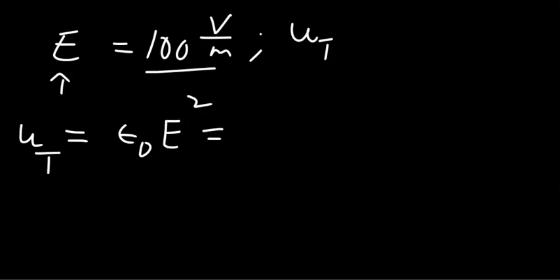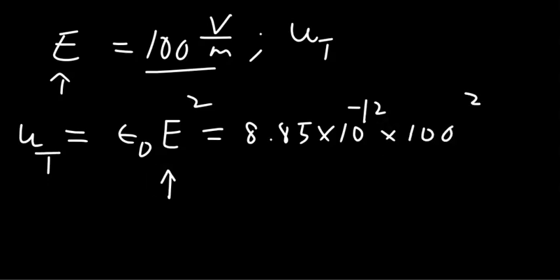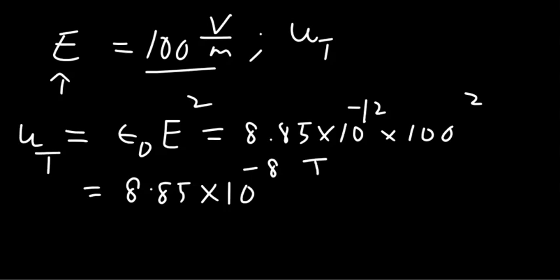Now epsilon naught is 8.85 times 10 to the power minus 12, and the magnitude of the electric field is given to be 100, so you just square that, and which will give you the final answer of 8.85 times 10 to the power minus 8 joules per cubic meter.